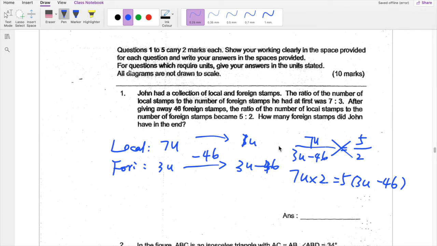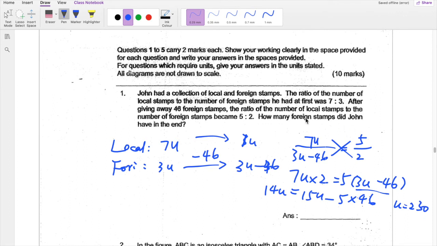We cancel, left 2 times 7U on this side, and on the other side we cancel and left 5 times 3U minus 46. So it's 14U equal to 15U minus 5 times 46. So U equals 5 times 46. So U is equal to 230.